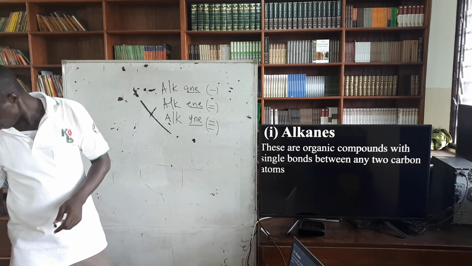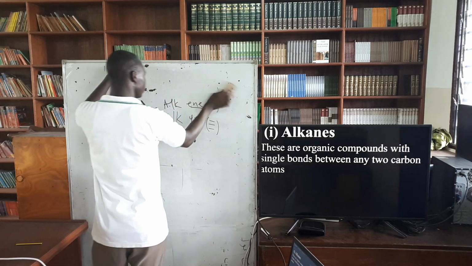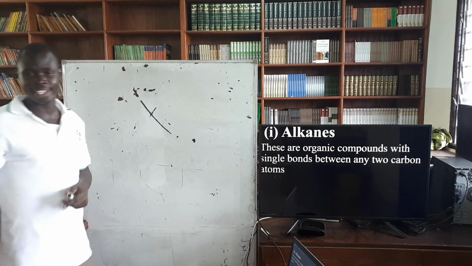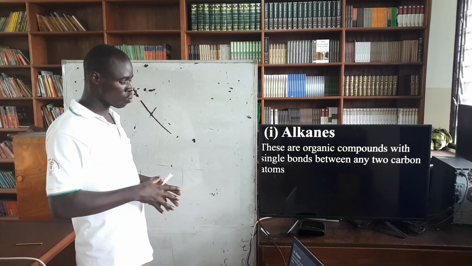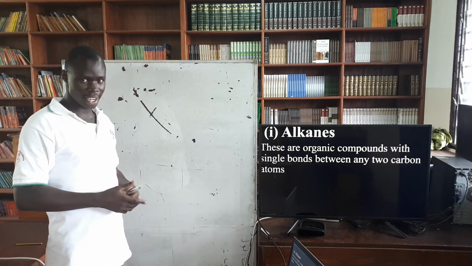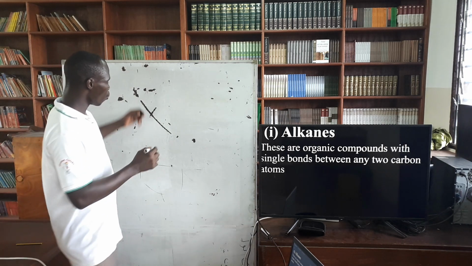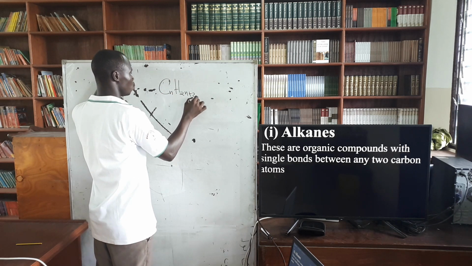Now, we have a general formula. I want you to be very careful because this topic is easy and at the same time difficult. It is easy when you listen to what I have to say. It's difficult when you have to do your own thing. So we have a general formula, CnH2n+2.